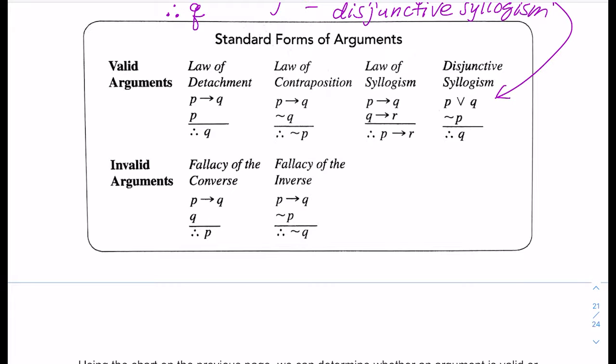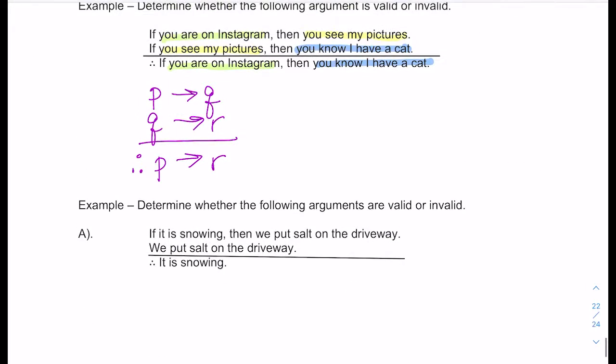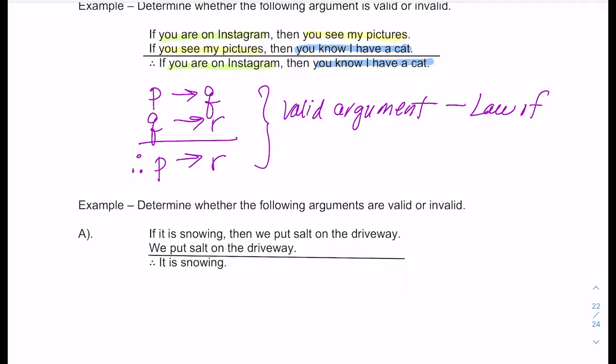If you recognize it as the law of syllogism, you would be correct. So that's a valid argument. And I want you to make a little note here.